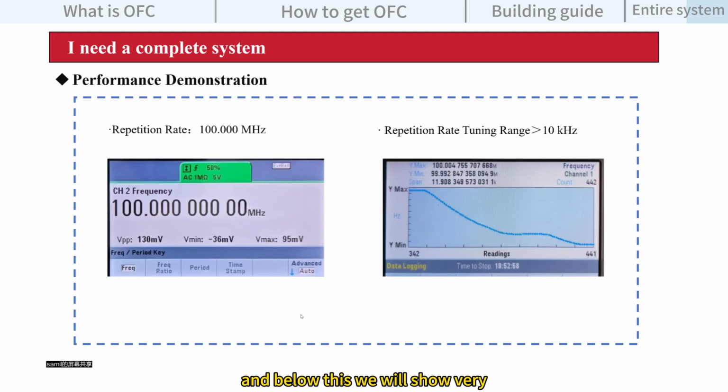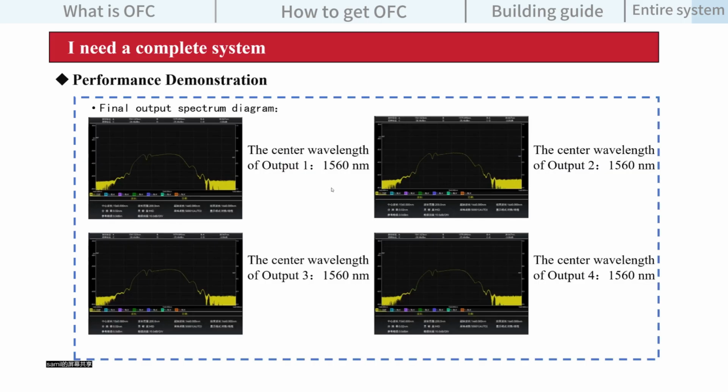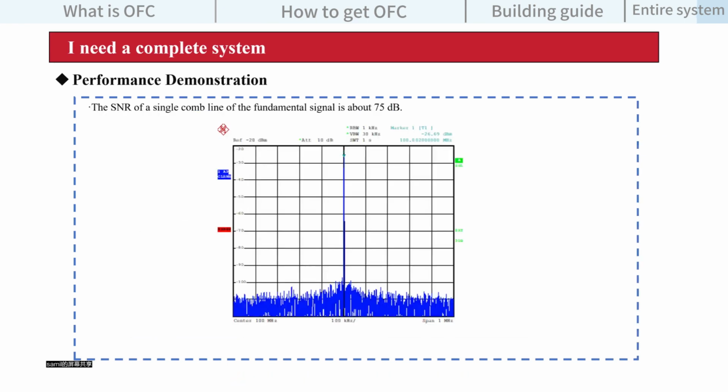And below this, we will show very quickly the performance of this optical frequency comb. You can see we show the 100 megahertz repetition rate, and the tuning range is above 10 kilohertz. And this is the output spectrum of the output. The center wavelength is 1560 nanometers.